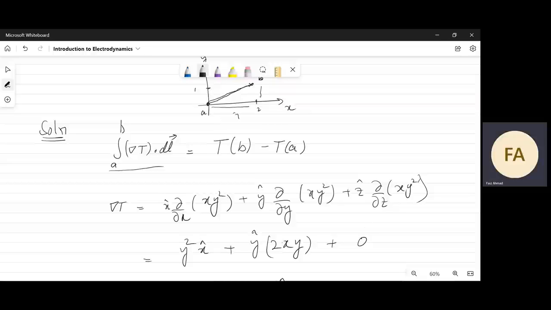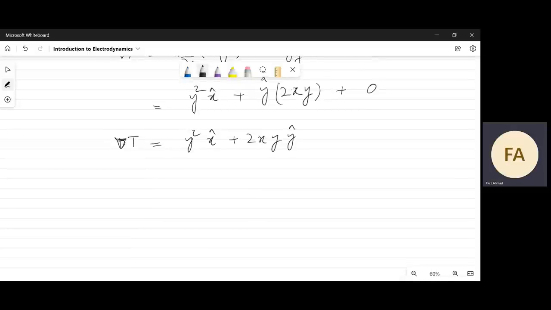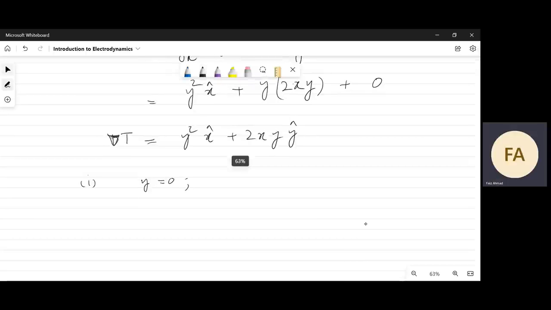In the book, first is solving this one, so we are solving this one. We have to resolve the integral into two parts. First is the one down here, where y is equal to 0 and x is varying from 0 to 2.